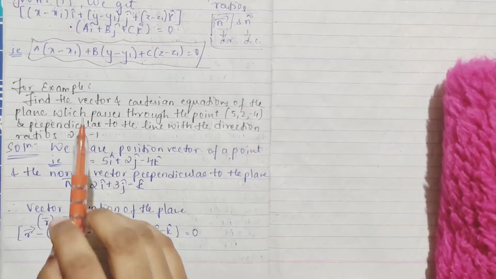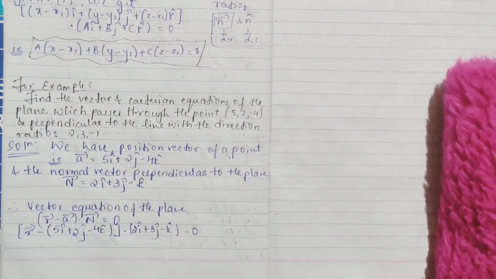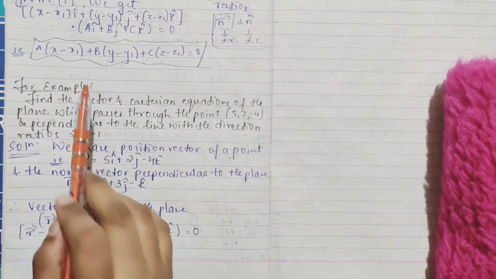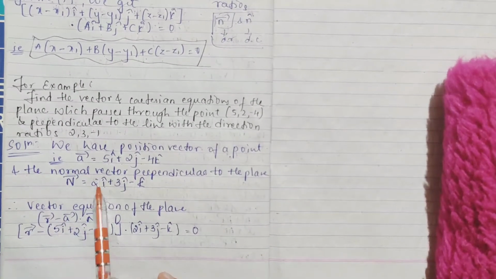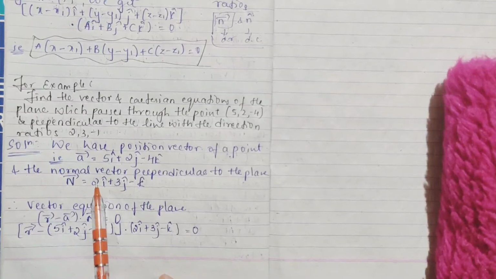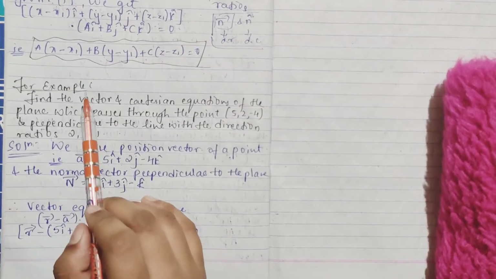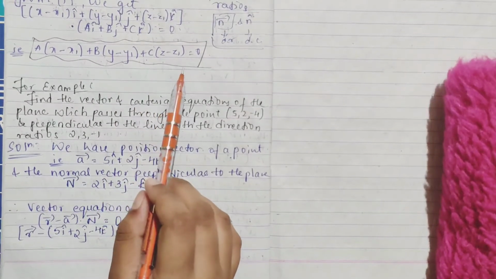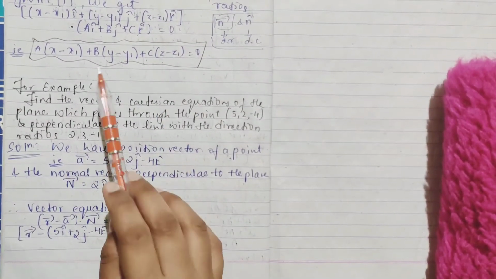Next we will see our Cartesian. See, the Cartesian equation is given as a times (x minus x1). What is your a here? 2, right? And then plus b (y minus y1) plus c (z minus z1). So we just substitute in the formula.